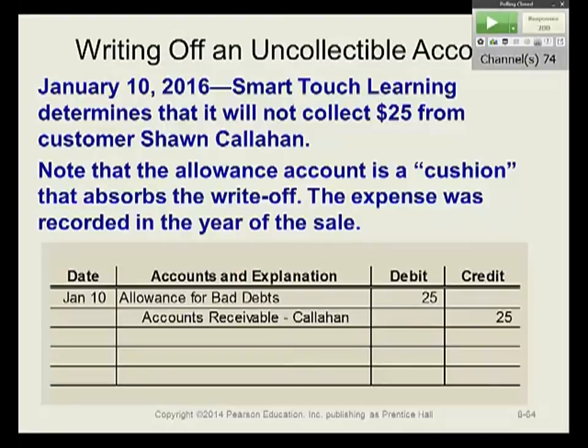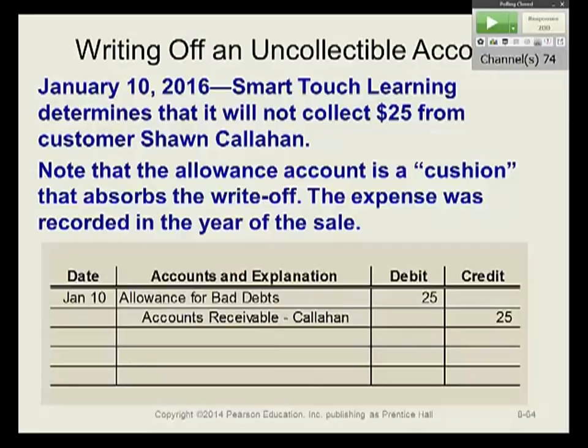Yeah, when you first set up the allowance account, you don't know what accounts you're going to write off. So you don't credit accounts receivable directly. Now that you have a bad debt, you know the customer who's not going to pay, and therefore you're able to credit the receivable directly.